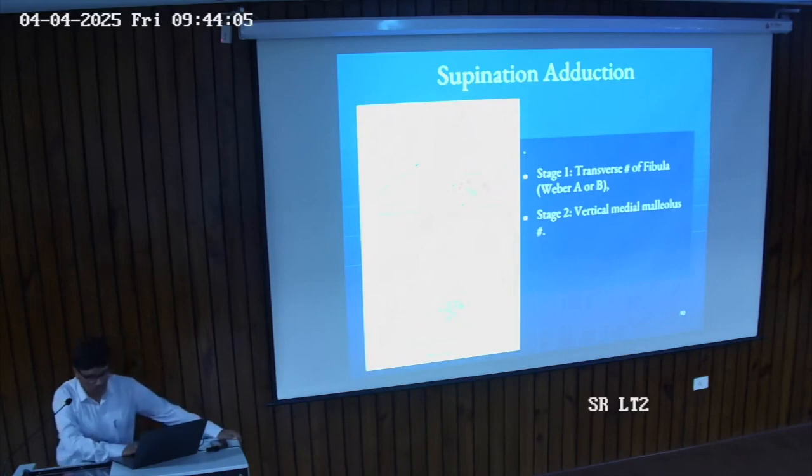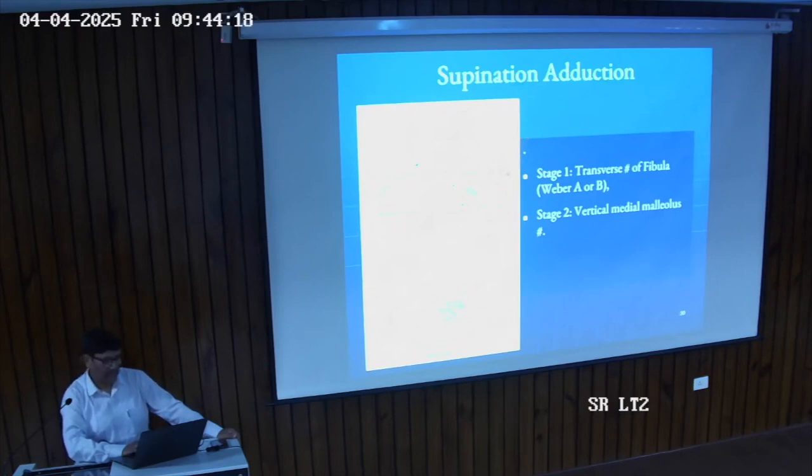So the injury pattern can stop here itself, just a tip of the fibula fracture, or if the adduction force continues, it will hit the medial malleolus, and this is the kind of fracture that you will get. So that is supination adduction injury. The fracture pattern would be a vertical medial malleolus fracture.